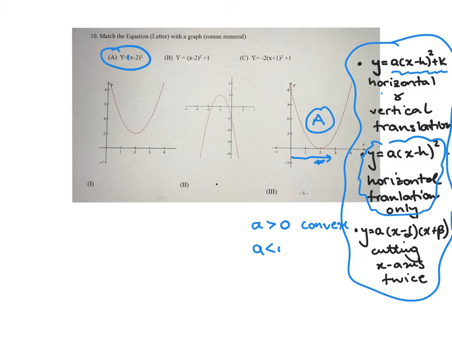A less than 0 is going to be concave. So this is the shape, like this and like that. So 1 done, 2 to go.